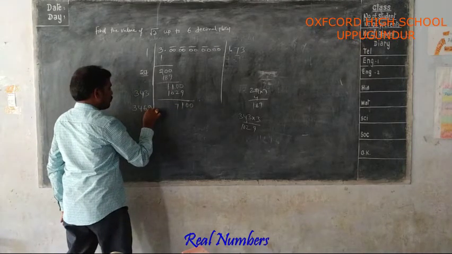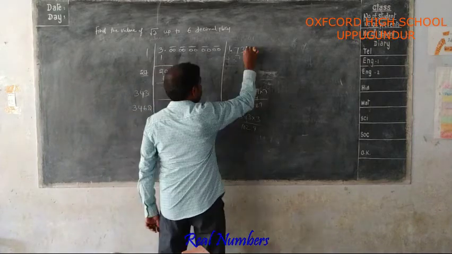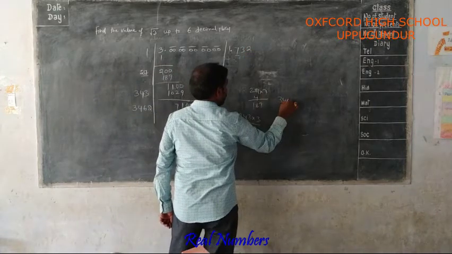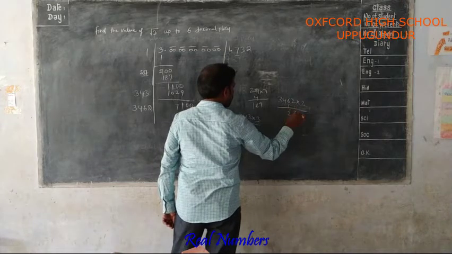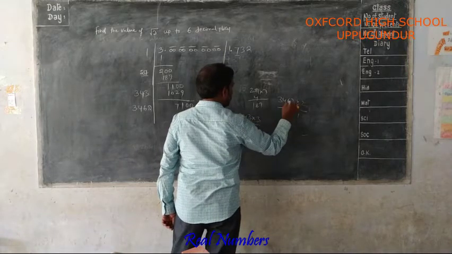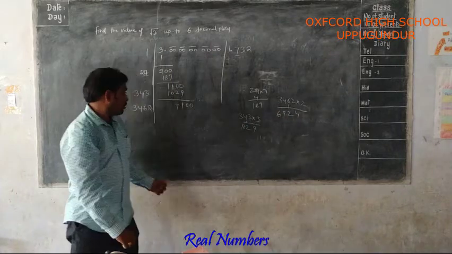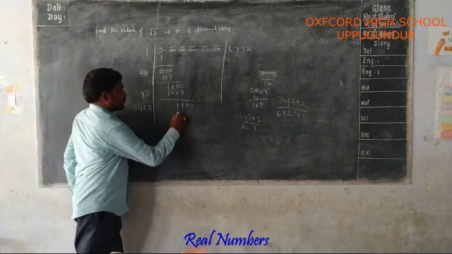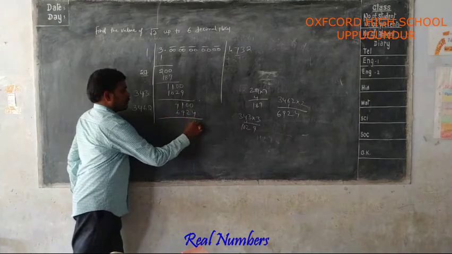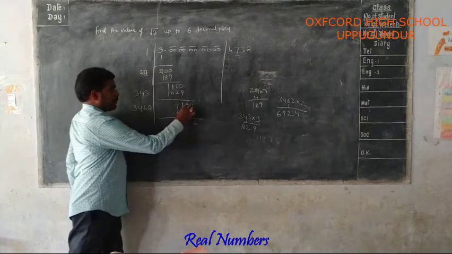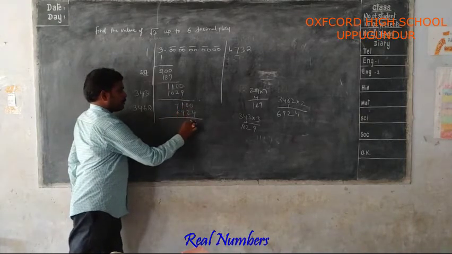Now 3,462 twos. 2 twos are 4, 2 sixes are 12, 2 fours are 8 plus 1, 9, 2 threes are 6. So 6,924. 10 minus 4, 6, 9 minus 2, 7.